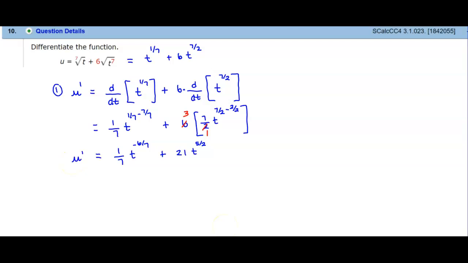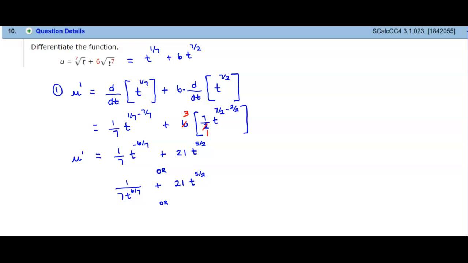Now we can rewrite this in another way. So there are 3 ways to write this. We can write this as 1 over 7t to the positive 6 over 7 plus 21t to the 5 over 2. Now, if we look at the original question, we have radicals there, so we want to make it into radical form.